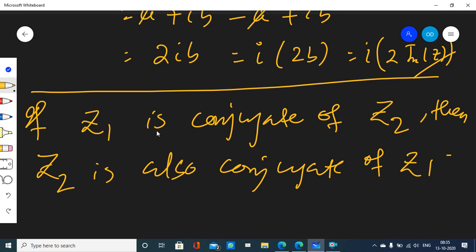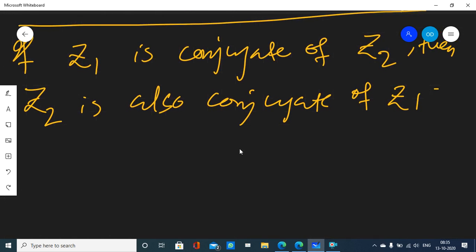That is, between two complex numbers, if one is conjugate of the other, then the other has to be conjugate of the one. You get my point? They have to be conjugate of each other. It's not like only z1 is conjugate of z2 and z2 is not conjugate of z1. That is not possible. Clear?